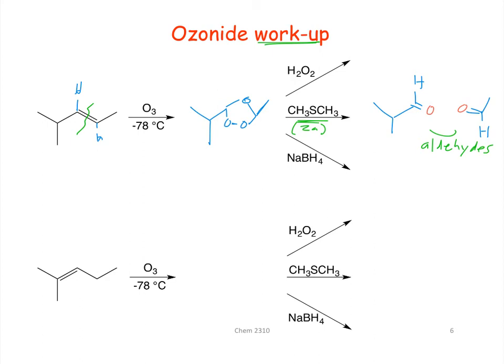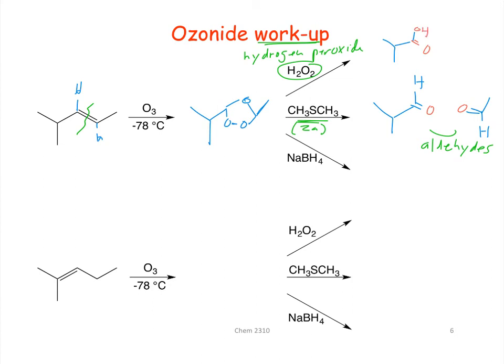Okay, so if we do our workup, instead of using dimethyl sulfide, we use hydrogen peroxide. Then these aldehydes that are initially formed get oxidized. Remember, what can aldehydes get oxidized to? They can get oxidized, so this would still be the O, but they can get oxidized to an OH here.